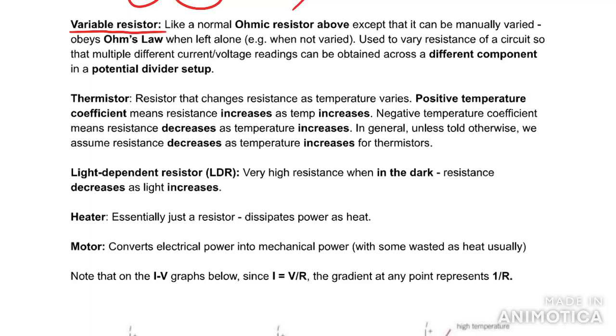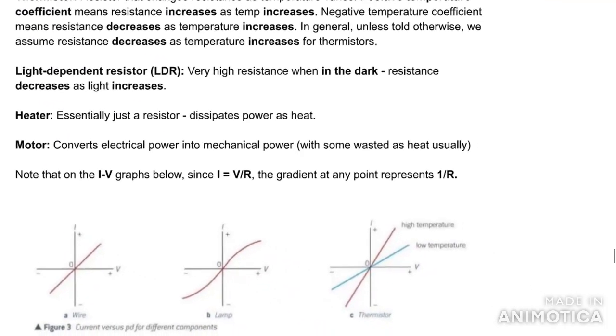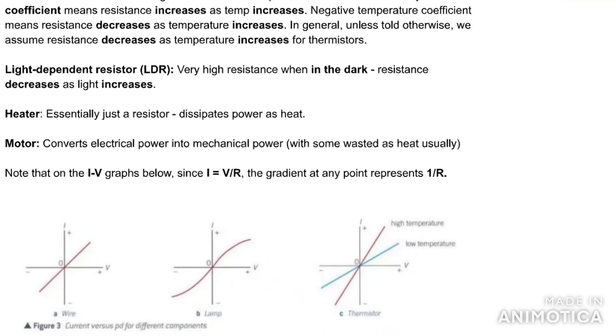And depending on the type, usually you'll have a negative temperature coefficient. But basically the temperature coefficient is just whether or not, if it's a positive temperature coefficient, resistance increases as the temperature increases. Negative means resistance decreases as temperature increases. In general, resistance usually decreases as temperature increases for thermistors. But just remember that they do obey Ohm's law.